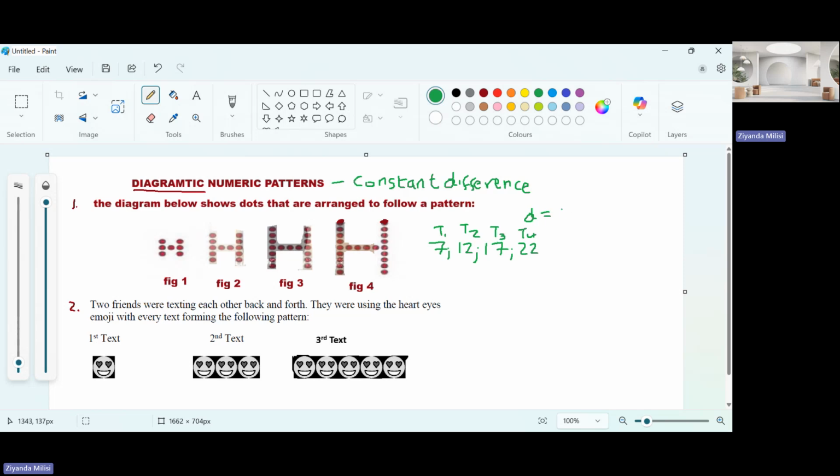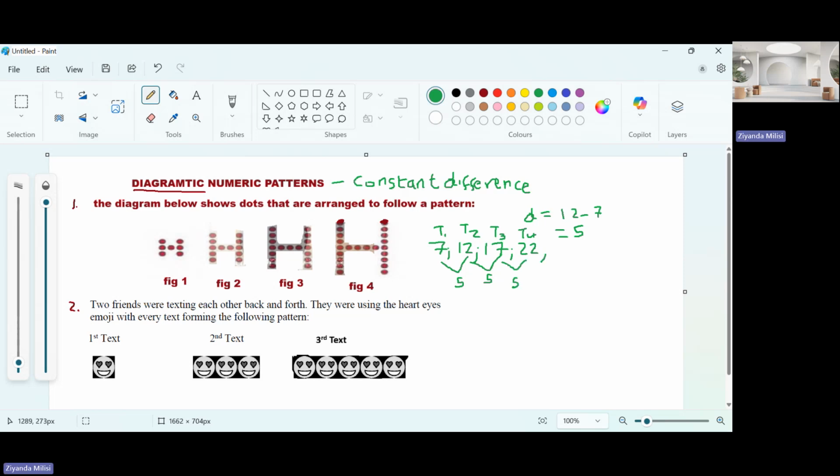So let's start with the first 2. It's going to be 12 minus 7. It's important to identify the constant difference. It is 5. So check from here, you added 5. Here, you also added 5. From 12, also from 17 to 22, you added 5.